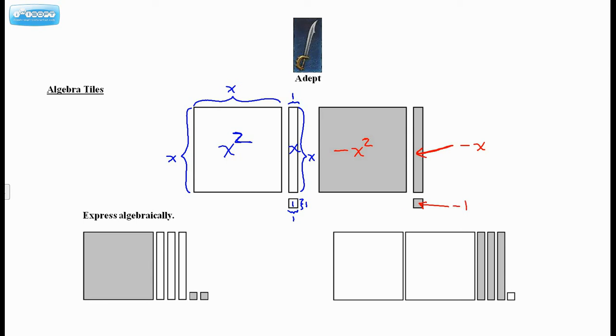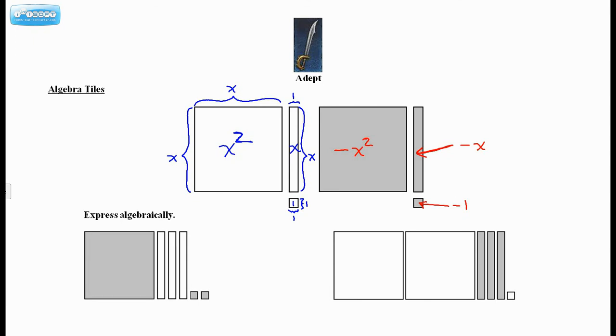Now, what can we actually do with these things? It says here, express algebraically, and I have a bunch of tiles. Every time we see a large square, remember that's an x squared tile, but this one's gray, therefore it is negative. I have only one of them, so this is just negative x squared. Now I have these bars here, they're white, therefore they are positive, and there are 3 of them.